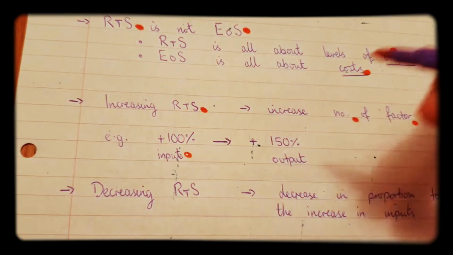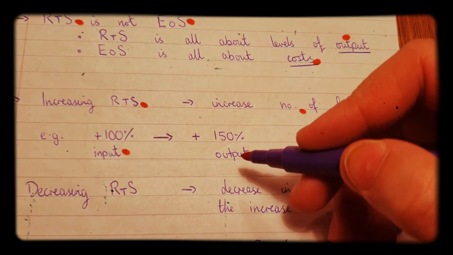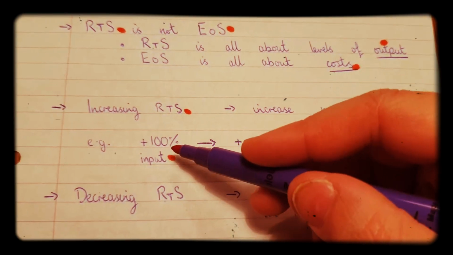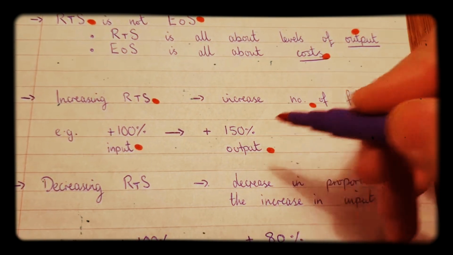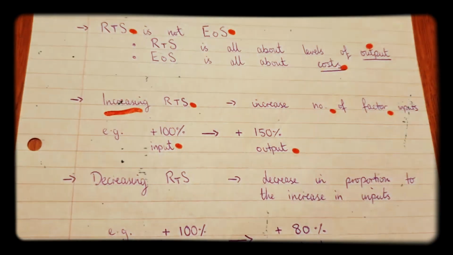So there's a 100% increase in the factor inputs, and that has resulted in a greater than proportional increase in output. So for example, 100% input has resulted in 150% extra output. That is increasing returns to scale.